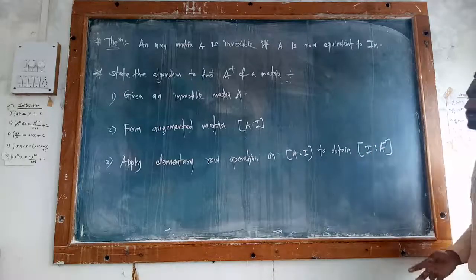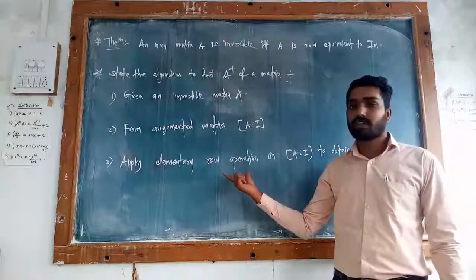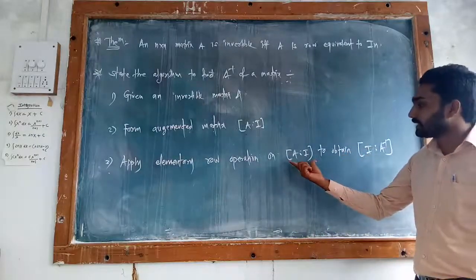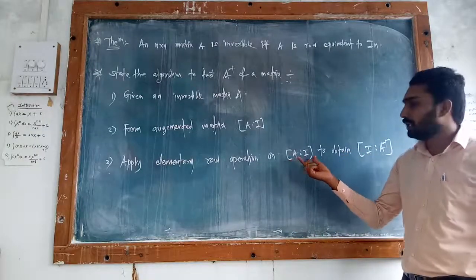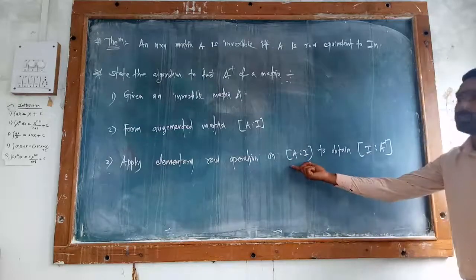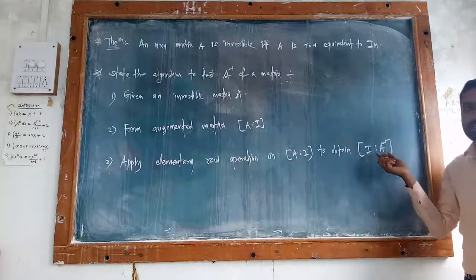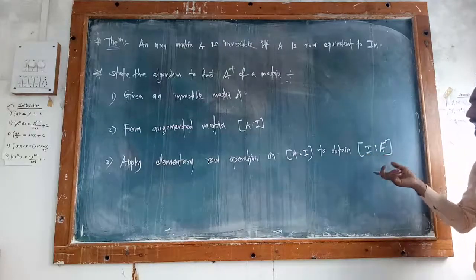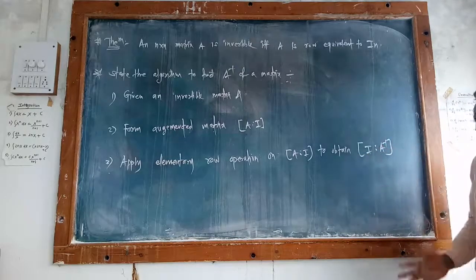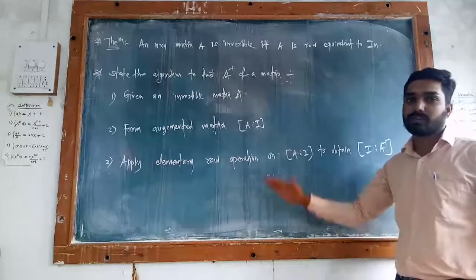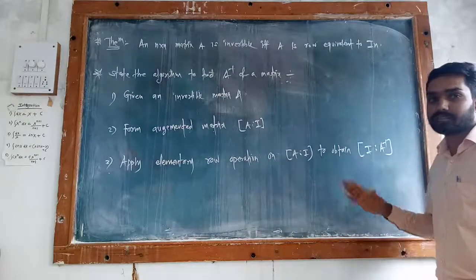What is your third step? We have to apply the elementary row operation on the augmented matrix [A | I] to obtain [I | A inverse]. That is, we want to find A inverse of a given matrix. This is your algorithm or procedure to find A inverse of a matrix.